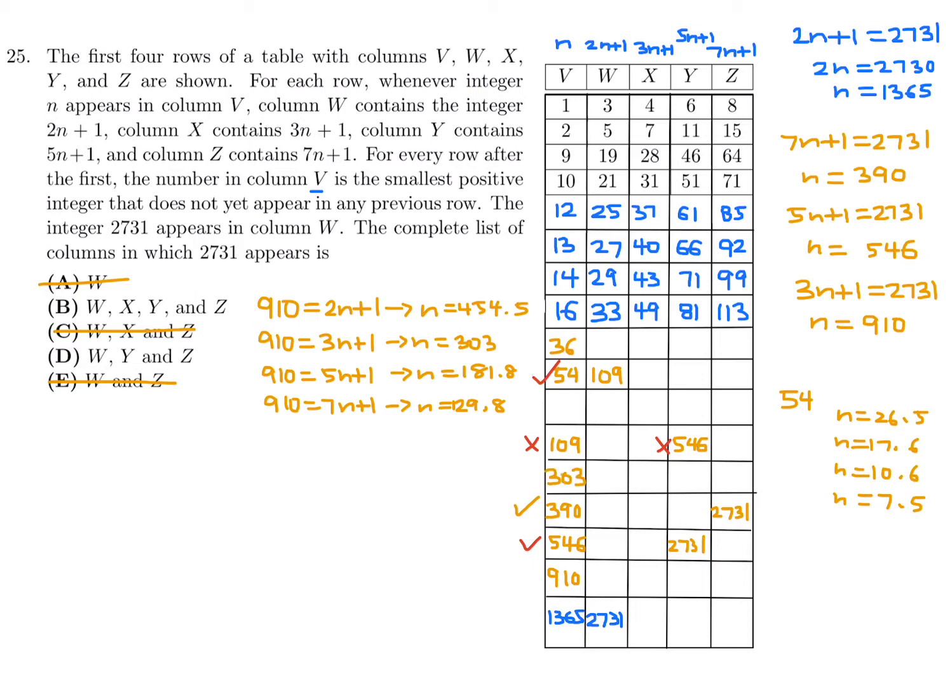303. Now, I'm not sure if it will appear in V or not, but let's see. If it appears in V, that means it does not appear anywhere previously. So we have to see 303, can it equal 2n plus 1, and so on. 3n plus 1, 5n plus 1, 7n plus 1.